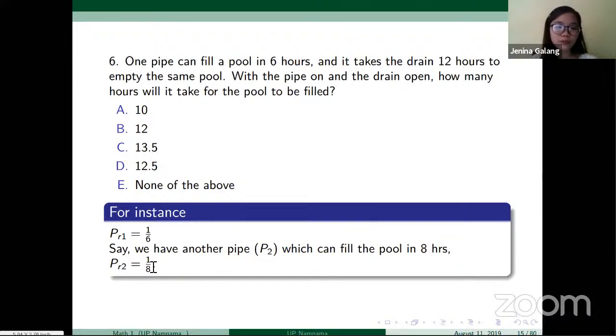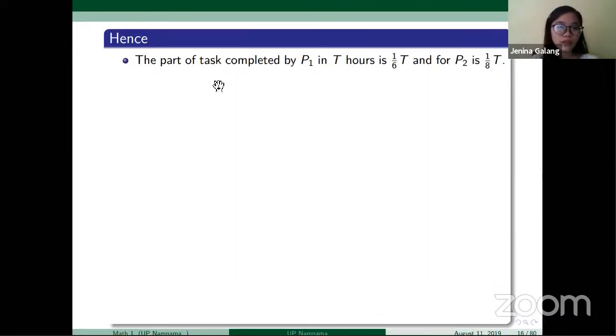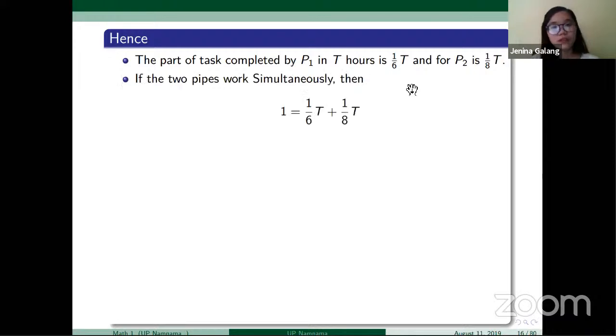So we have the part of task completed by P1 in T hours is 1 over 6 times T, and for P2 is 1 over 8 T. So, kapag na-work yung dalawang pipes natin ng sabay, then the one whole task completed is equal to the part of the first pipe and the part of the second pipe.